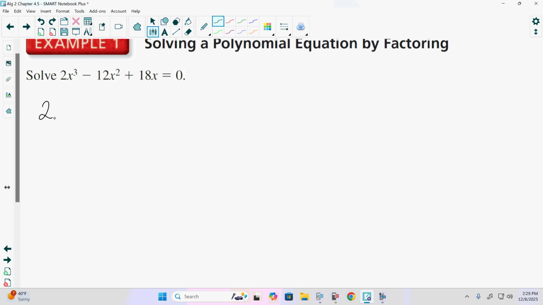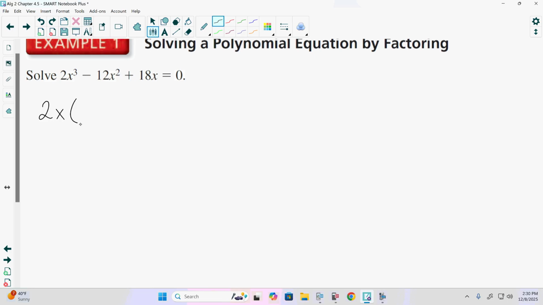So we can factor 2 out of all 3 terms. Now, x cubed, x squared, and x do all share a common factor of x. So actually, the greatest common factor between these 3 terms is 2x, and we can factor it out.